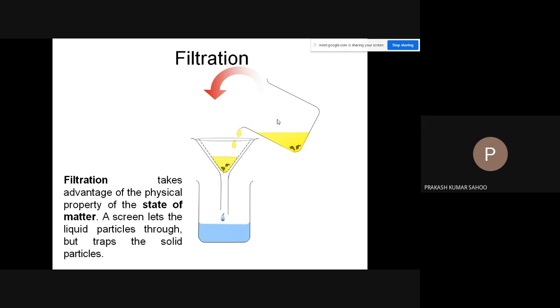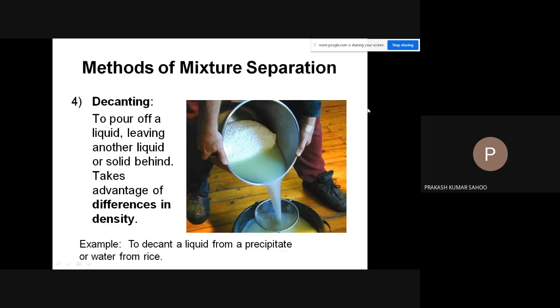A screen lets the liquid particles through but traps the solid particles. That is our filter paper. We put the solution on this filter paper, where undissolved particles are there, and the soluble particles get passed through the filter paper through these pores, and we get the pure liquid.